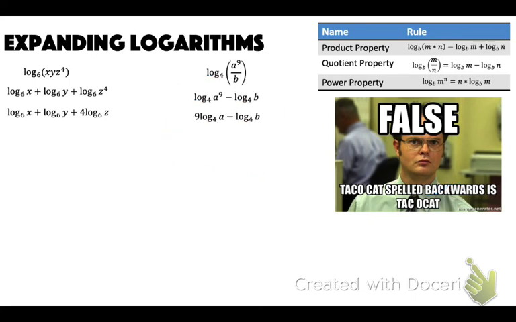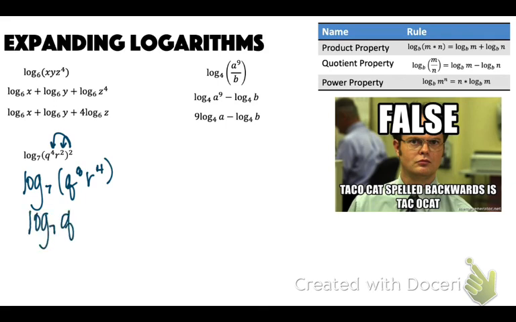Okay, let's do another. So log base 7 of q to the 4th r squared, all squared. On these ones, I would just move that in first, so do the power raised to the power. So this is log 7 of q to the 8th r to the 4th, which then becomes log 7 of q to the 8th plus log 7 of r to the 4th.